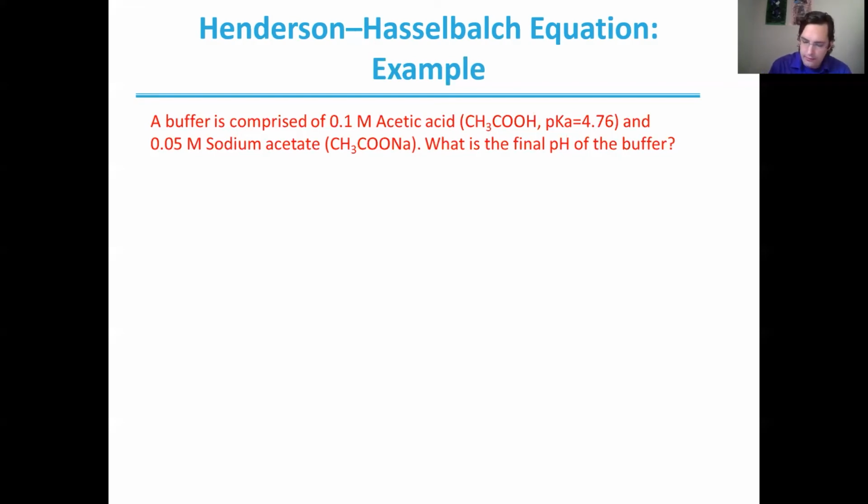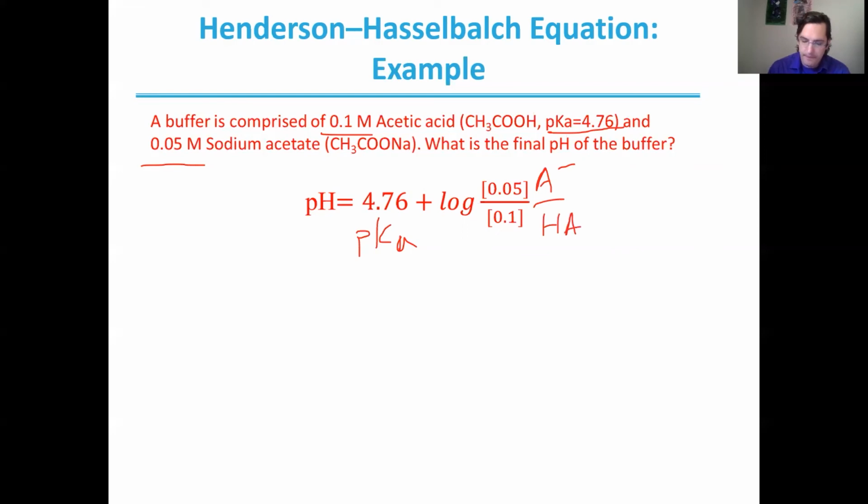We have the pKa, we have the concentrations of our conjugate base and weak acid, and so we can put these directly into our Henderson-Hasselbalch equation. Henderson-Hasselbalch is pH equals pKa plus the log of our conjugate base over our weak acid. So we have the 0.05 over the 0.1 and our 4.76 for that pKa. And then you can simply put this into your calculator and calculate your final buffer pH as 4.45.